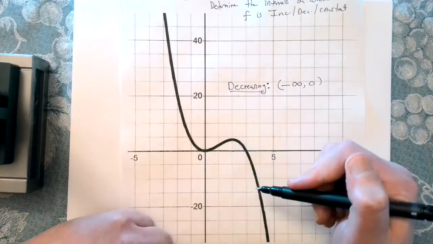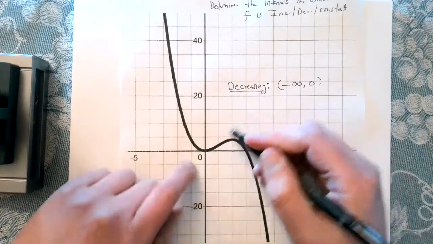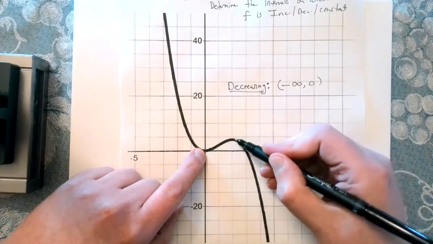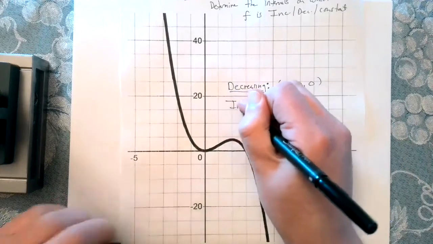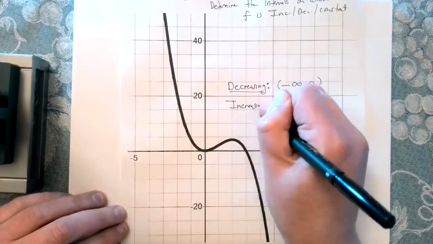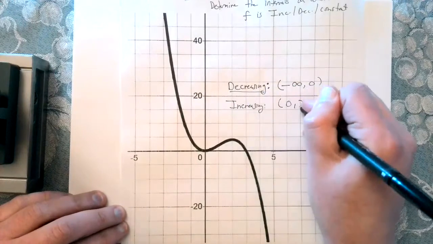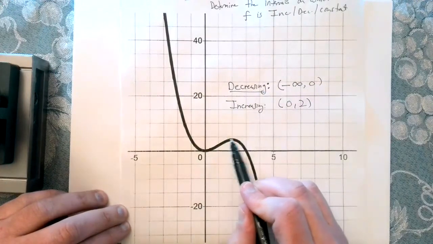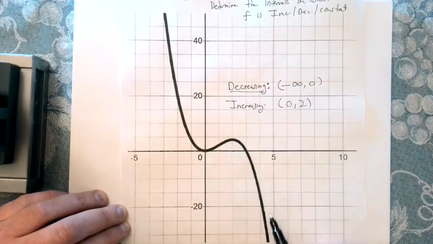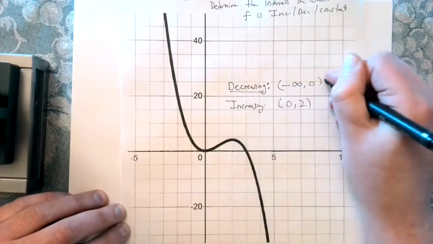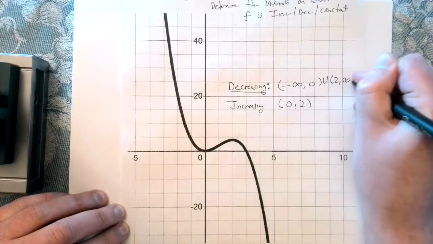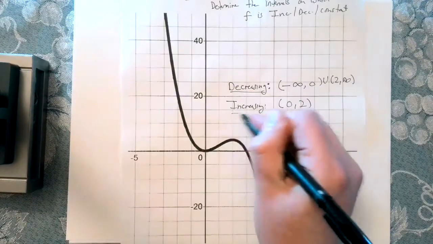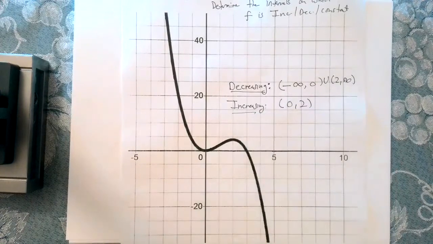So I'm sort of guessing here. So increasing to about 2. There's where it seems to stop. And then I start decreasing again. So it looks like I'm decreasing from 2 to infinity. And as you can see, the function's not constant.